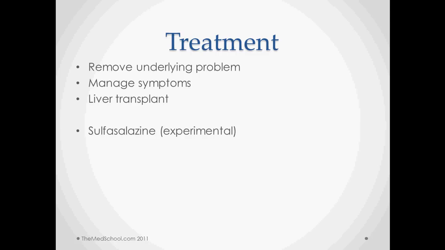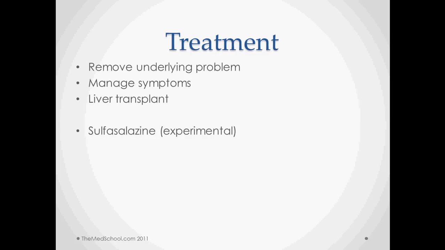So some of these we can treat by removing the underlying problem. For example, with Budd-Chiari syndrome, sometimes you can do surgery to provide extra blood supply to the liver. You can manage some of these symptoms, but ultimately liver transplant is the only way to really correct the problem.